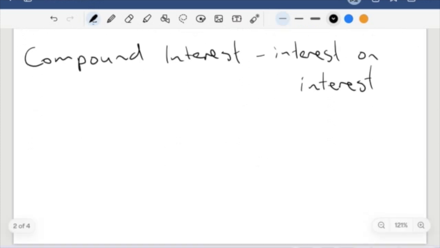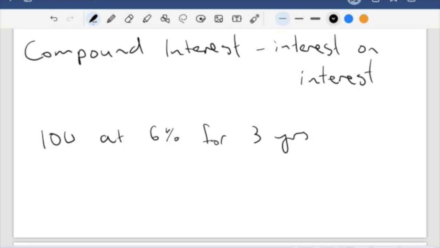So thinking back to what we looked at in year 9 or year 10, we took, for example, an amount which was, let's say, $100 at 6% for 3 years.